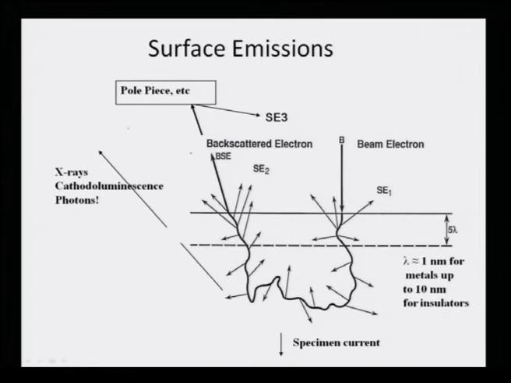That's why it is called a backscatter electron in the scanning electron microscope. These backscatter electrons have very high energy, more than 50 electron volts or even higher. So these backscatter electrons can be collected, and they carry the crystallographic information, which we will see right now.